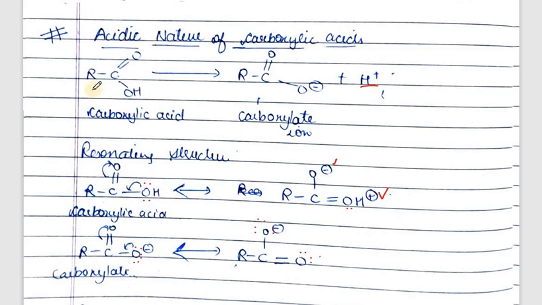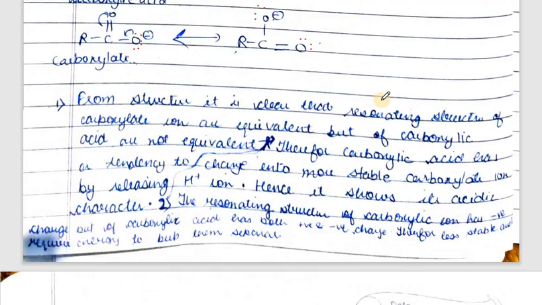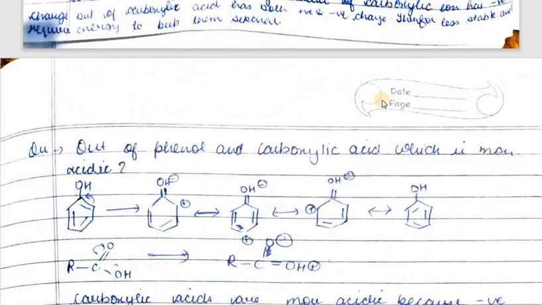So carboxylic acid has a tendency to change into this more stable carboxylate ion by releasing H positive, which shows its acidic character. So carboxylic acids are acidic in nature due to the greater resonance stabilization of the carboxylate ion formed by releasing H positive ion. And for explanation you can see this.